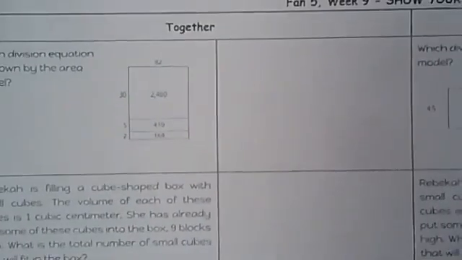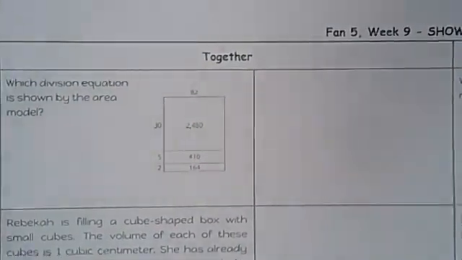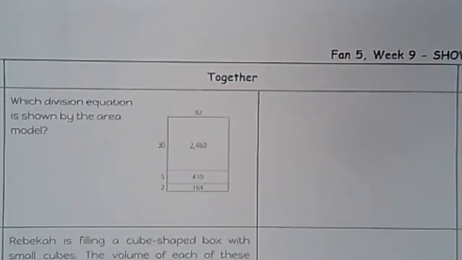All right, so you should hopefully have a paper copy of this in front of you. All right, so here we go. We've got which division equation is shown by the area model. Okay, so y'all have been practicing area models using multiplication.